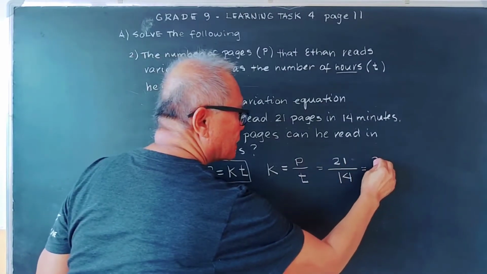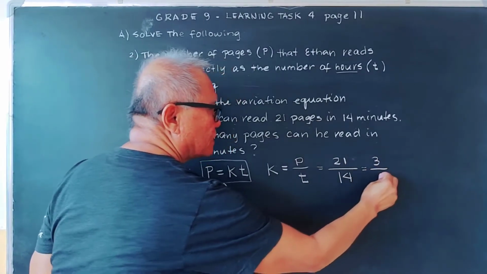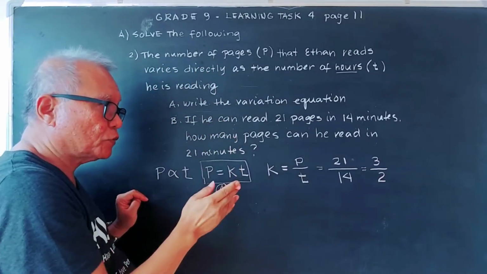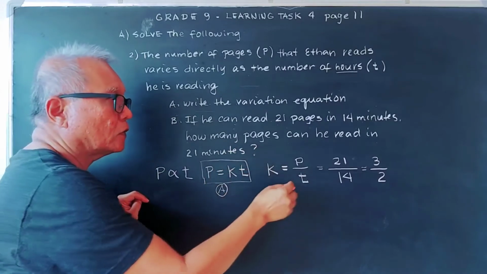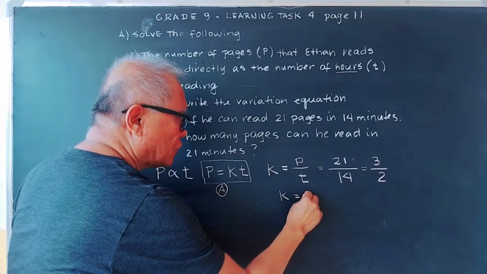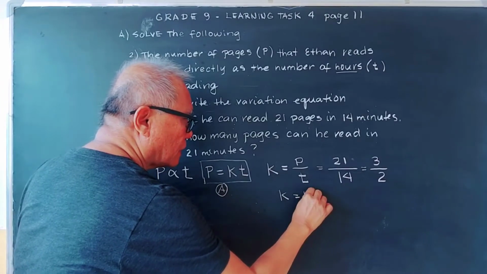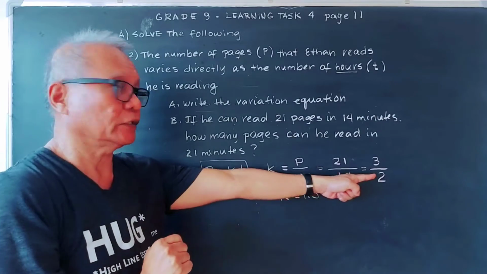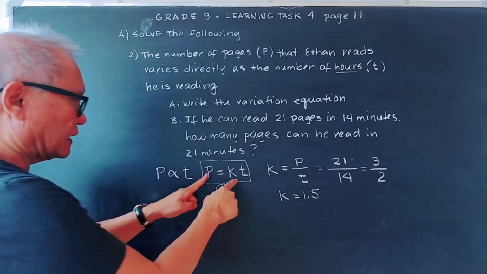This one is 3. By 7. This one is 2. Pwedeng gamitin yung 3 over 2 para sa K. Or 3 divided by 2. Pwedeng gamitin natin yung 1.5. Yun ang ating K. Pwedeng ito. Pwedeng yun. And then, balik tayo rito.